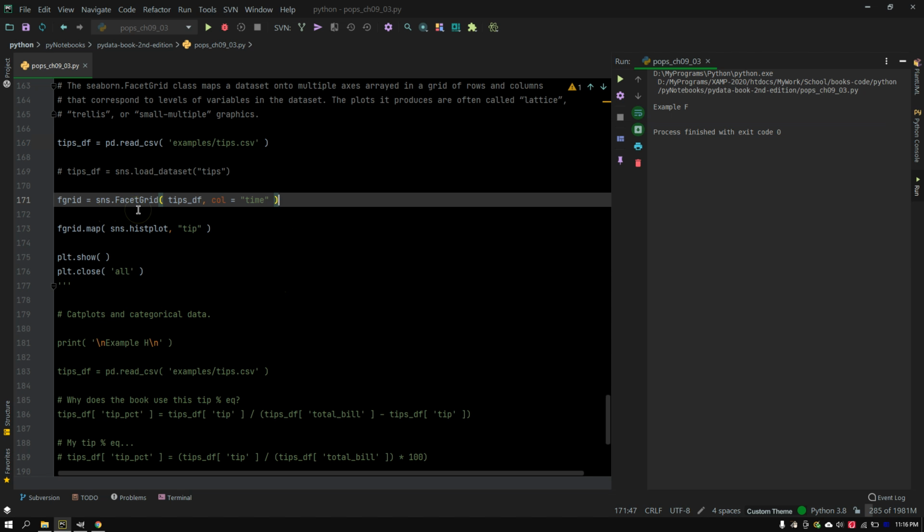We use Seaborn FacetGrid with the data frame. The column is time, which were the afternoon, morning, and so forth.